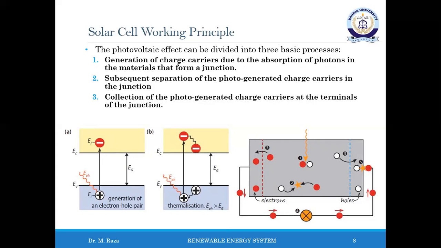If an electron is excited from EI to EF, a void is created at EI. This void behaves like a particle with a positive elementary charge and is called a hole. The absorption of a photon therefore leads to the creation of an electron-hole pair.